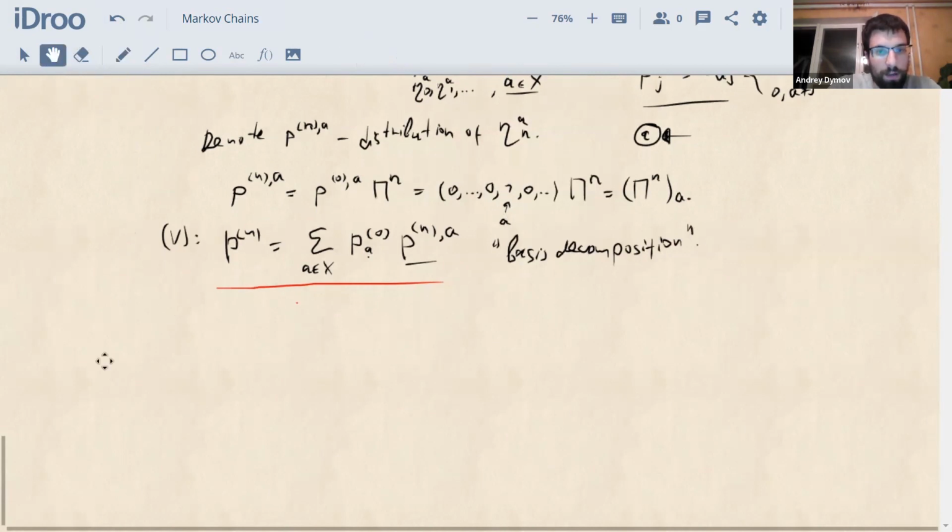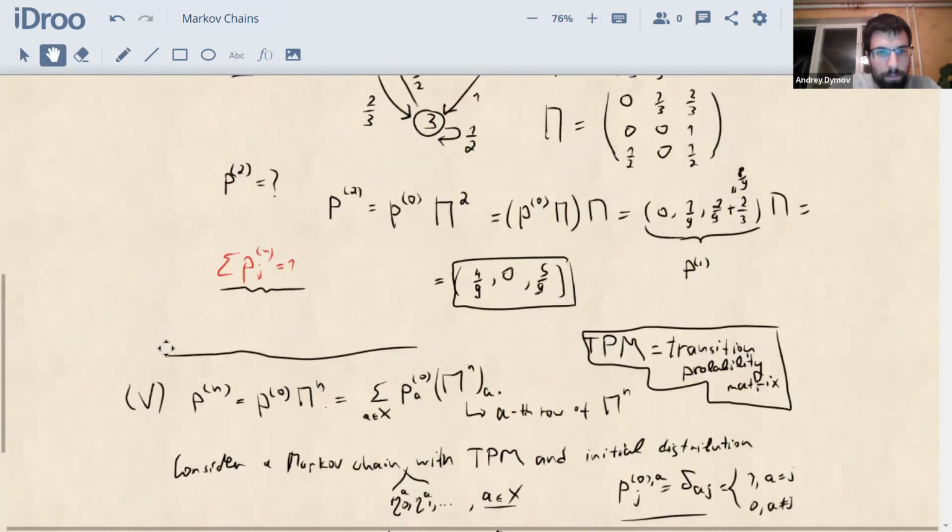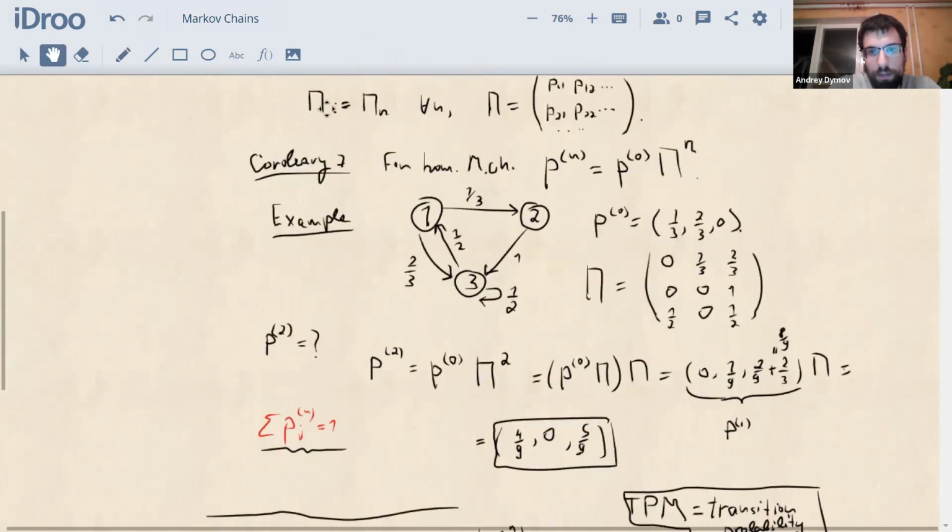Okay, so now let us note the following thing. Let me return to my corollary. When I'm constructing a Markov chain, I can choose any transition probabilities, such that their sum over the second argument is equal to 1 and they are non-negative, and then I can choose any initial distribution.